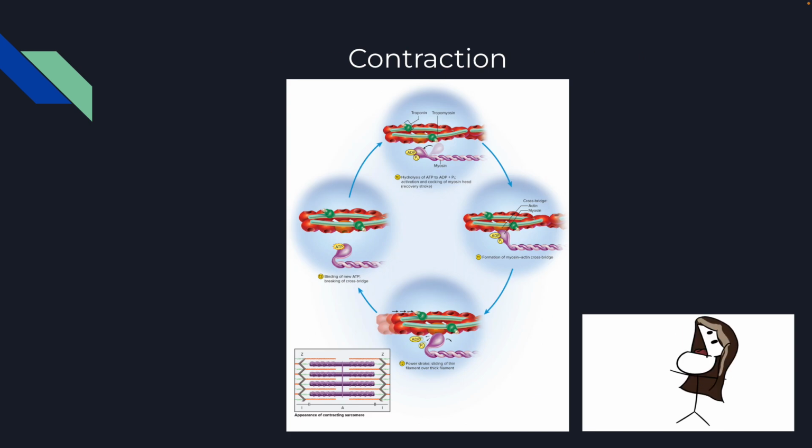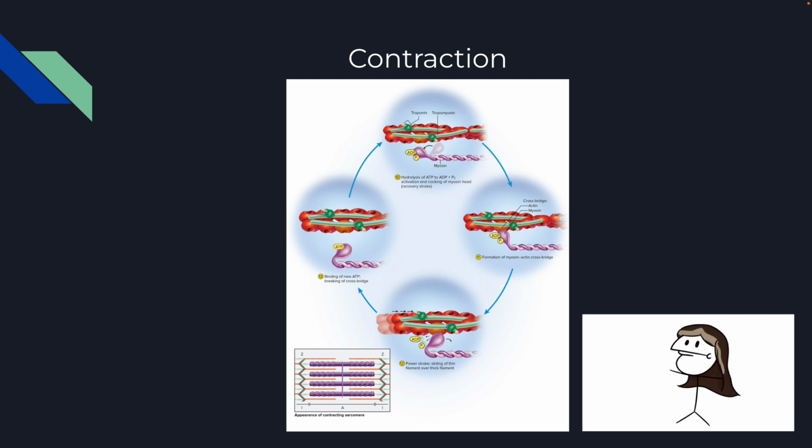The third step is contraction. This is where the muscle fiber develops tension and can shorten. This begins when the myosin head has an ATP molecule bound to it. Myosin ATPase hydrolyzes the ATP into ADP and phosphate. This locks the head into an extended position. This then binds to the active site on the thin filament, forming a cross bridge between actin and myosin.